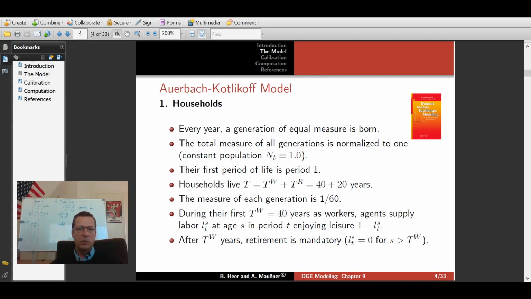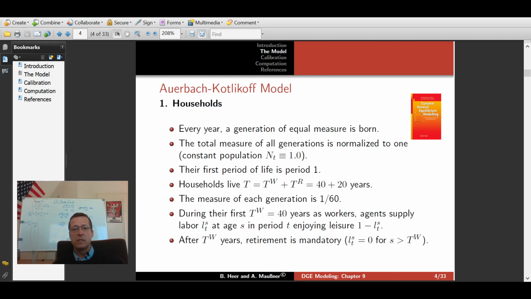After T_W years, after 40 years, they retire. Retirement is mandatory, so there are of course also models of endogenous retirement where people choose when to retire. In our model it is exogenous, and then they supply 0 labor. The leisure goes up to 1 for those aged s larger than T_W. The total number of periods is equal to uppercase T. The number of retirement periods is equal to 20, T_R equals 20.